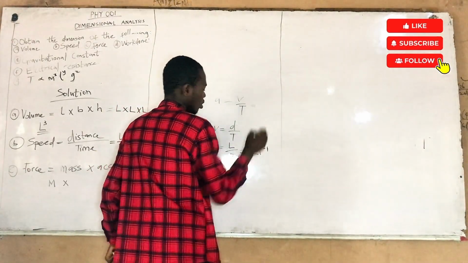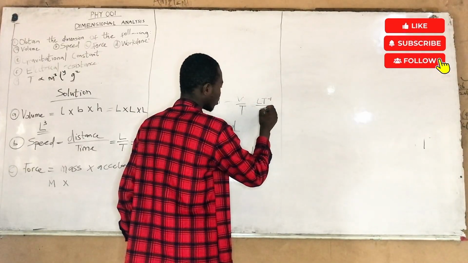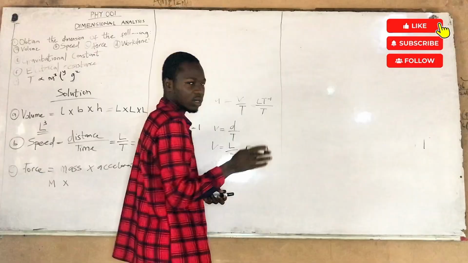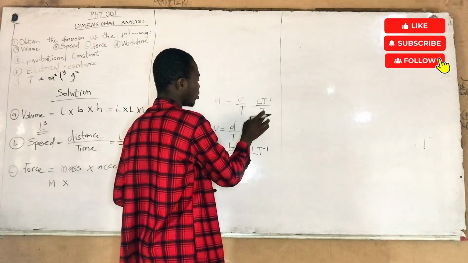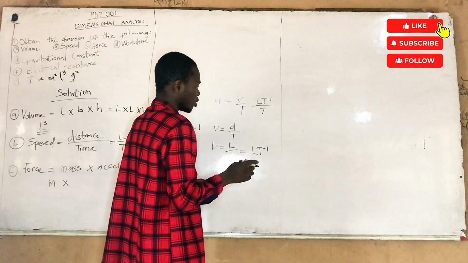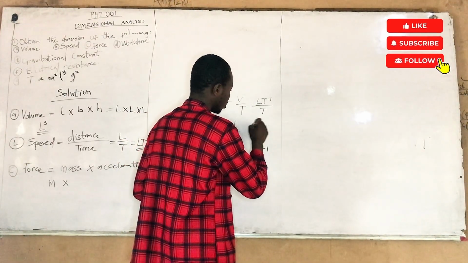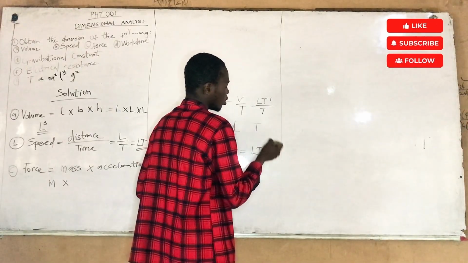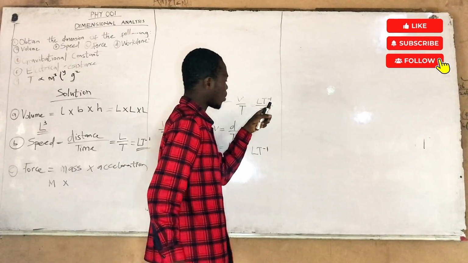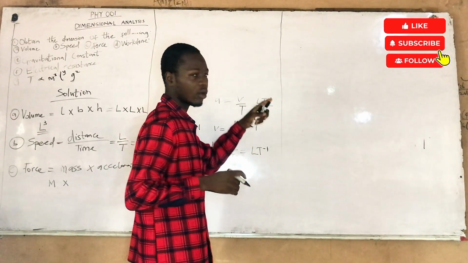and say that your velocity now is L T raised to power minus 1 over T, right? So in this scenario we have two Ts, one is beneath while one is above. According to the law of indices, if you have two bases that have different powers, if it is a division, you are going to subtract.